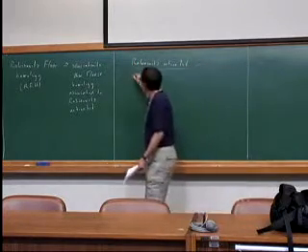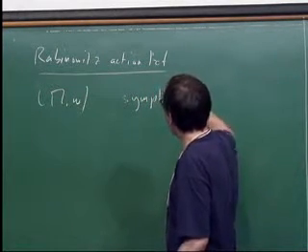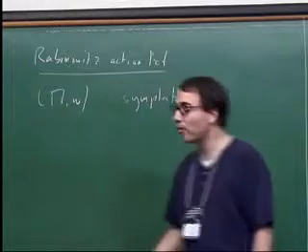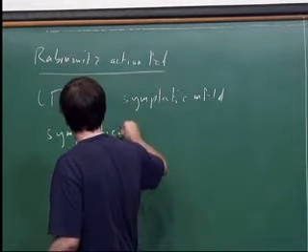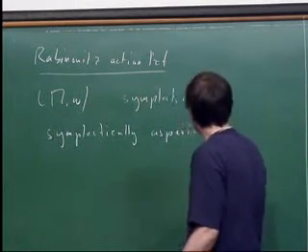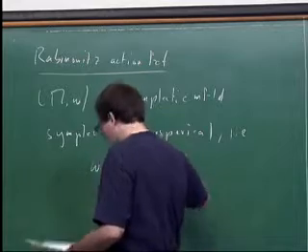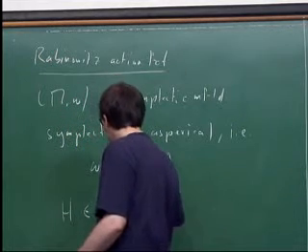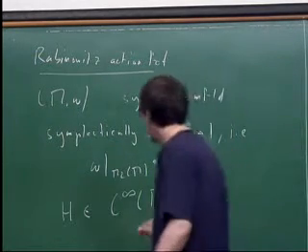Let's assume we have some symplectic manifold, and assume also that the symplectic manifold is symplectically aspherical, meaning that omega vanishes on pi 2 of M. Let's assume that we are also given some autonomous Hamiltonian, just some smooth function from the manifold to the reals.